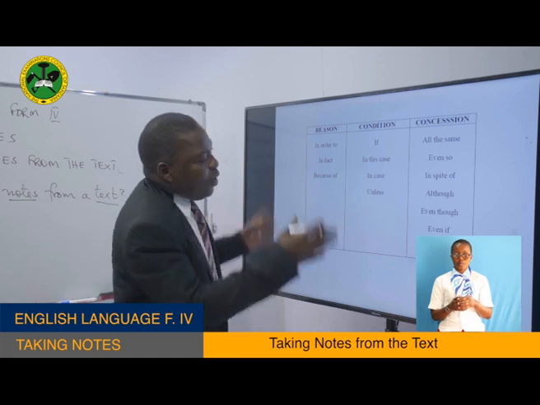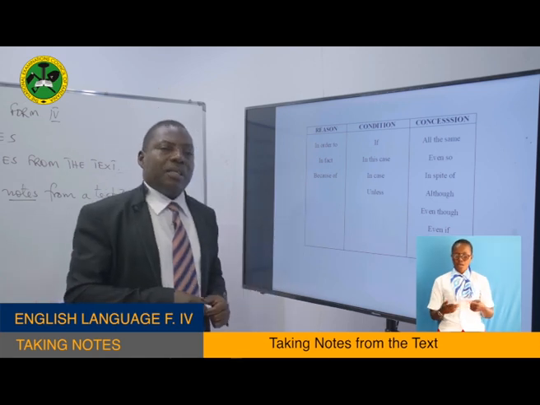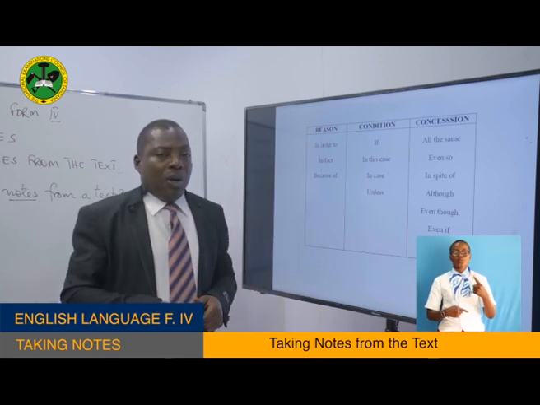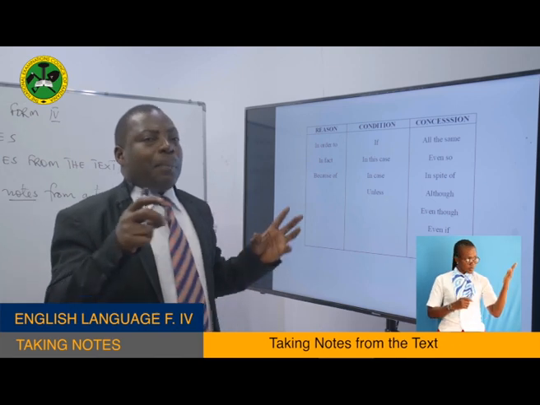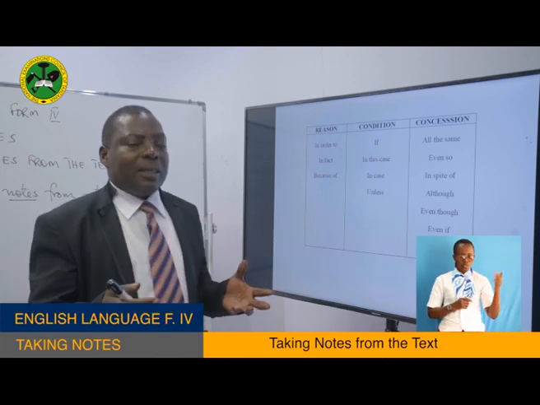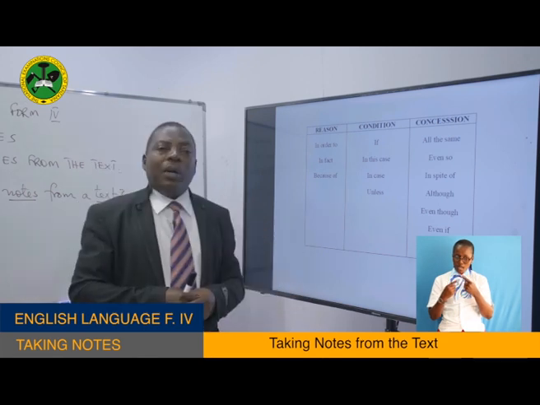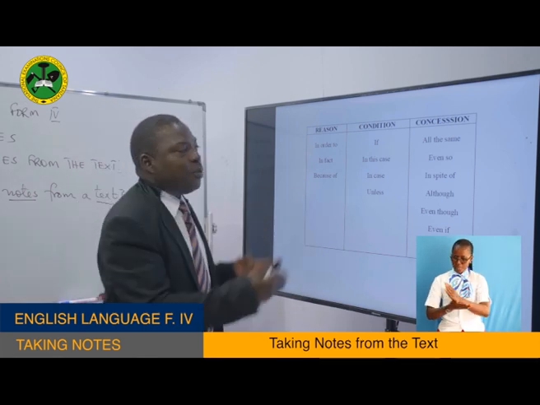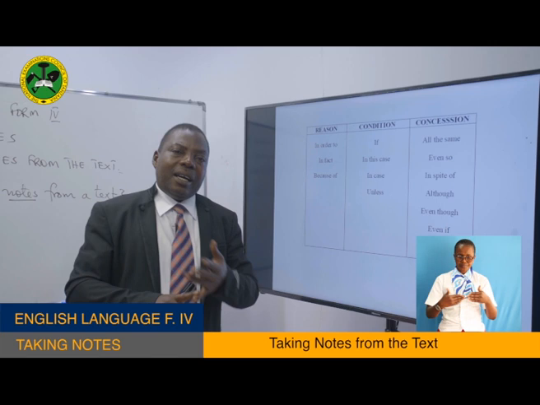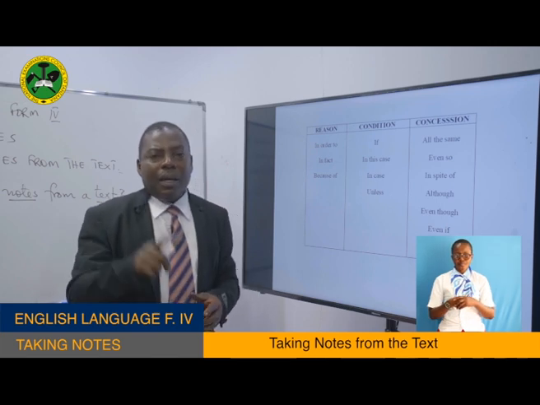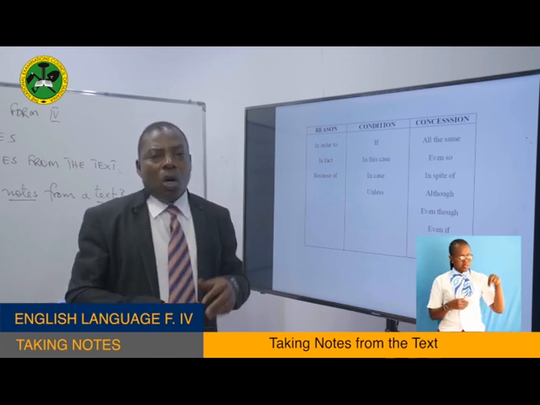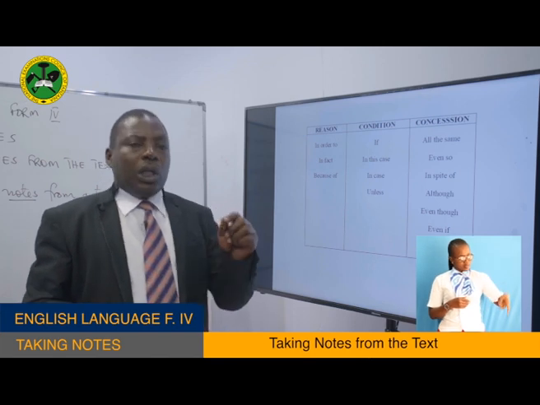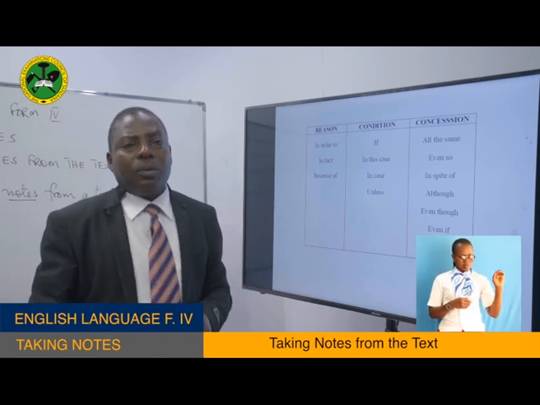So, out of these linking signals that are mentioned, we'll talk about some language patterns that we have to understand. Things like in spite of, despite, although, not only, but also.